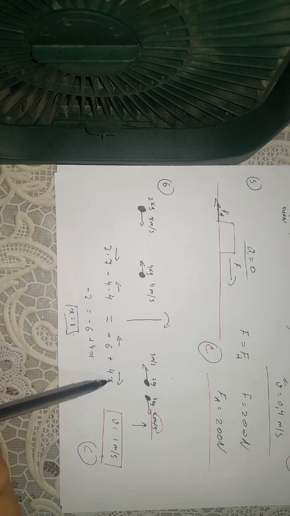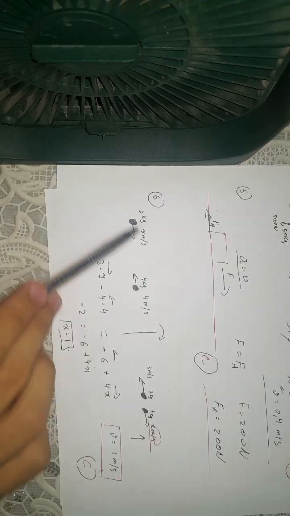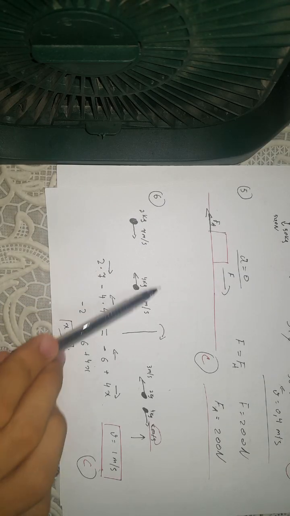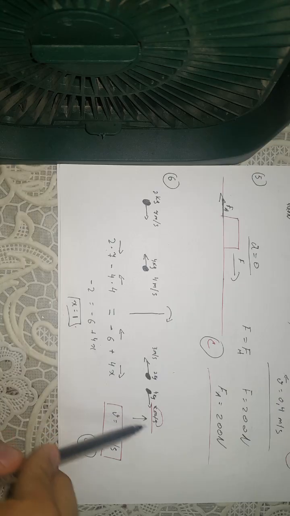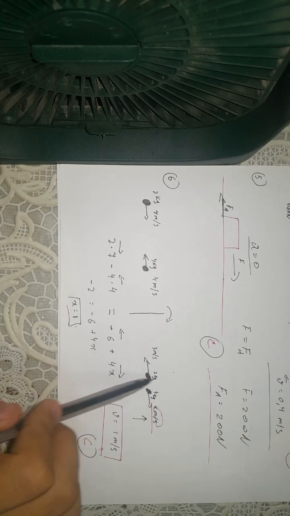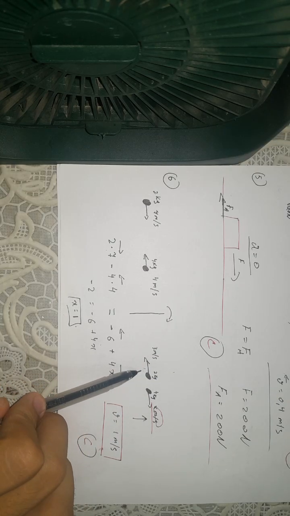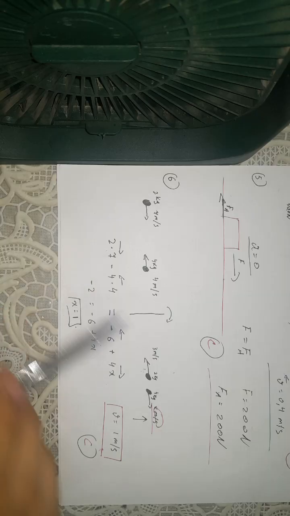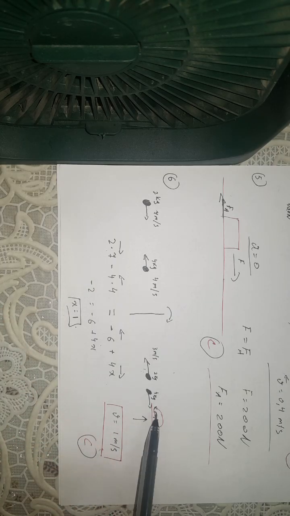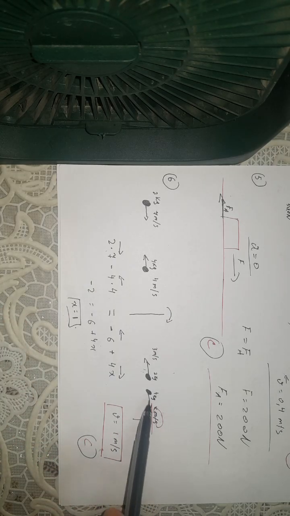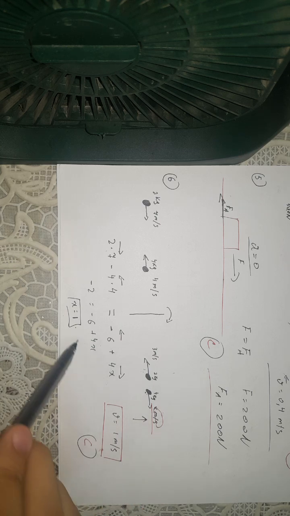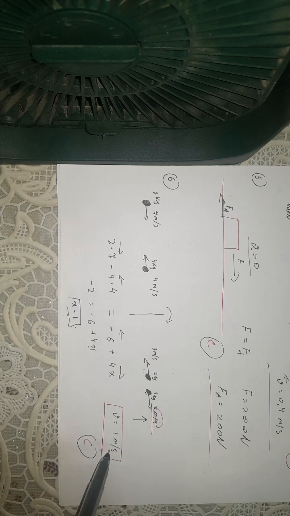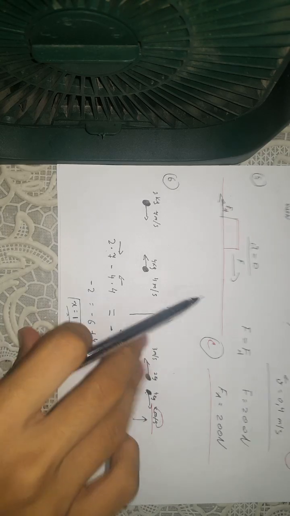So multiplying this minus multiplying this should equal the product of this minus the product of this, because it has the opposite direction. We have to find the speed of the 4 kilogram ball. So x equals 1. This means the speed is 1 meter per second. The correct answer is C.